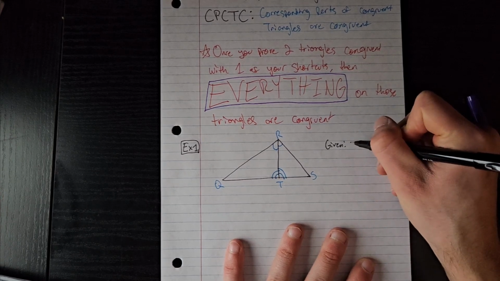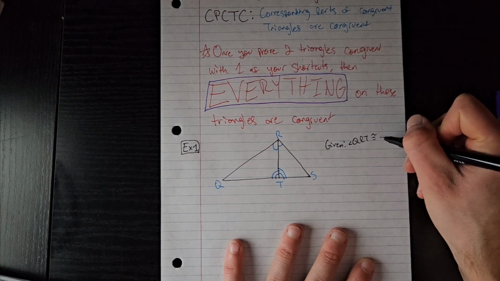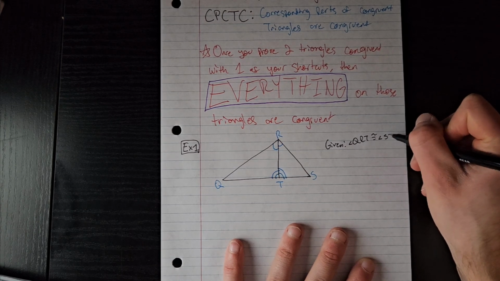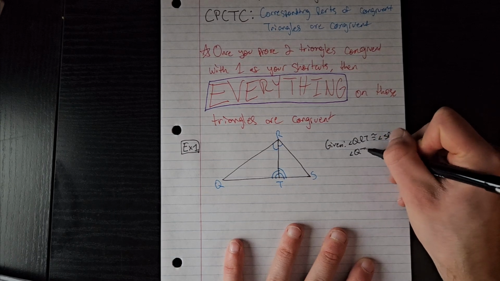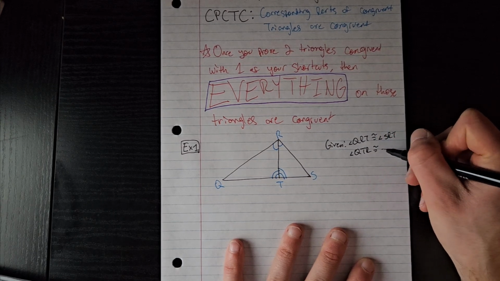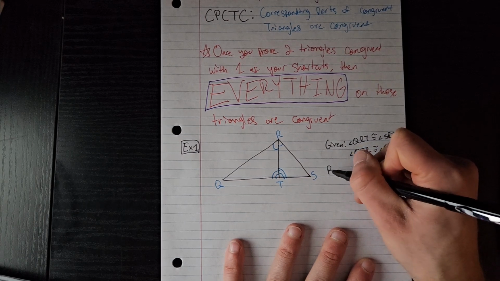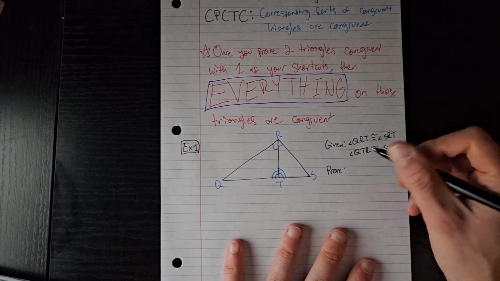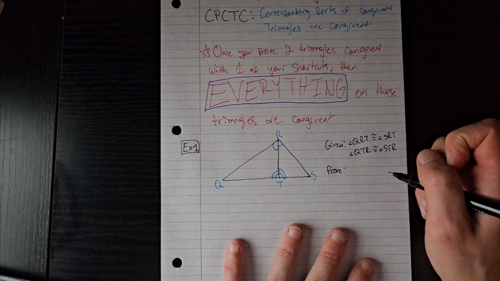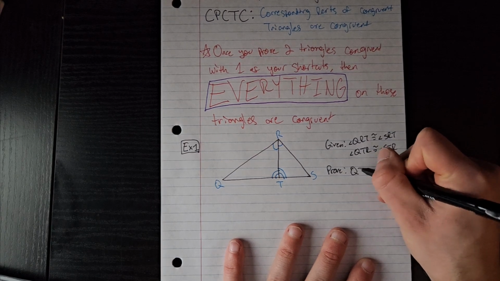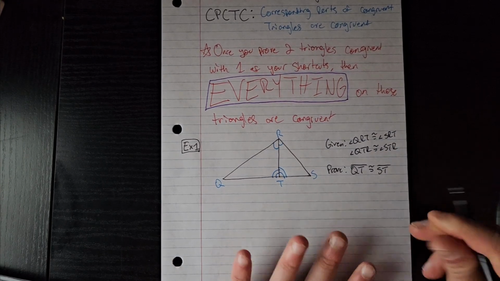I'm given that angle QRT is congruent to angle SRT, and that angle QTR is congruent to angle STR. And my goal is to prove that segment QT is congruent to ST.